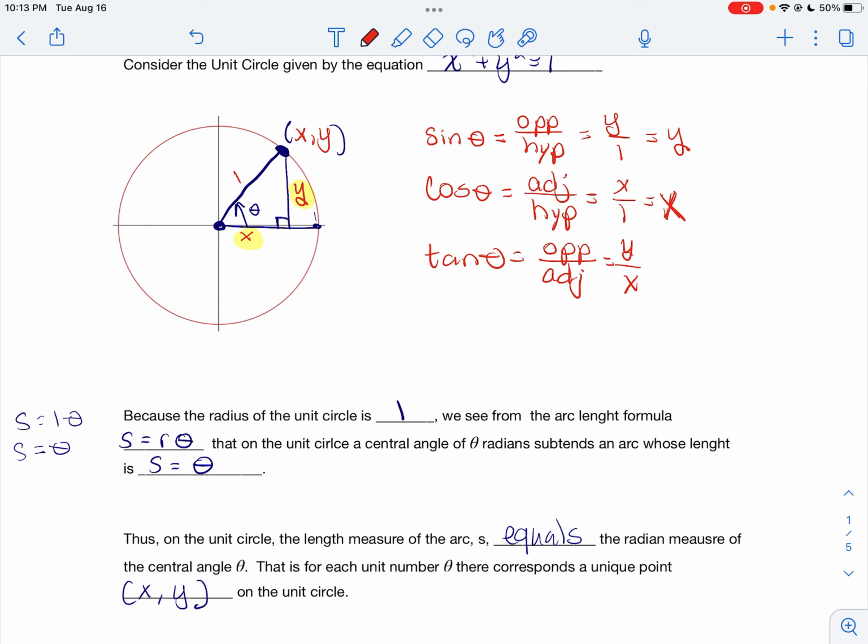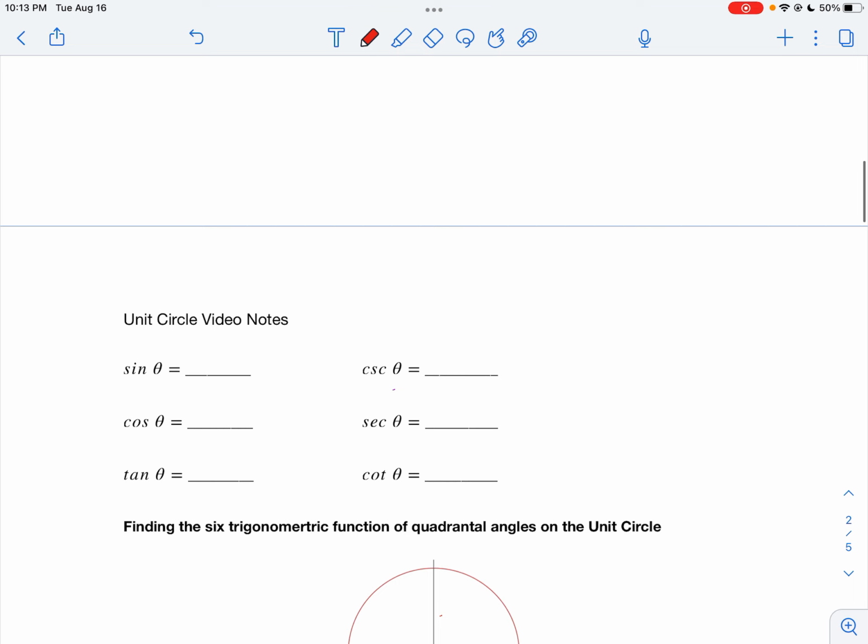Okay, so that's how we find our tangent. So sine is y, cosine is x, tangent is y divided by x if the point is on the unit circle.